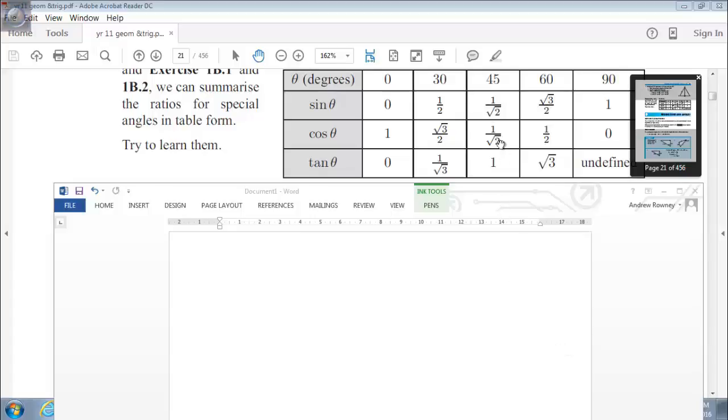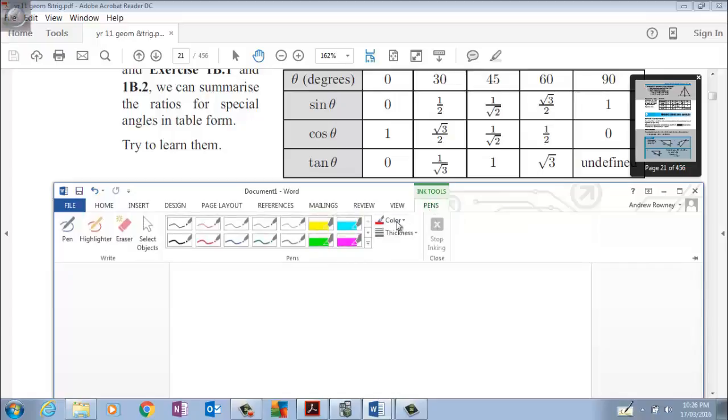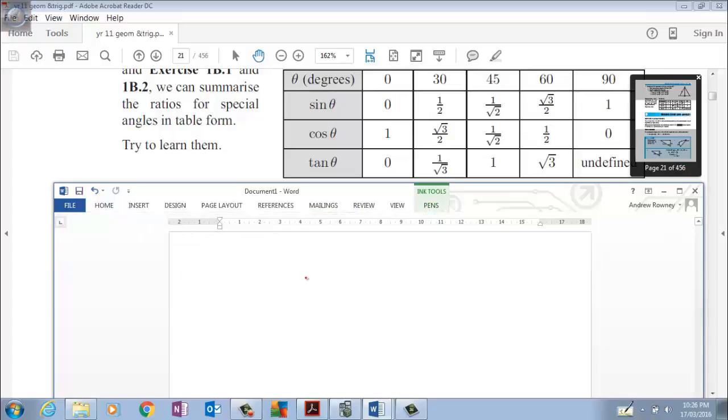Okay, last time we learnt these sine and cosine values for these critical angles, 30, 45, 60 and 90. Now I can apply that to the unit circle by putting the coordinates in. So I'll put here just the first quadrant.